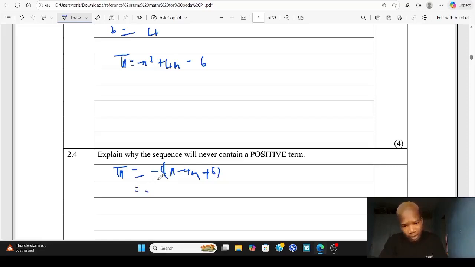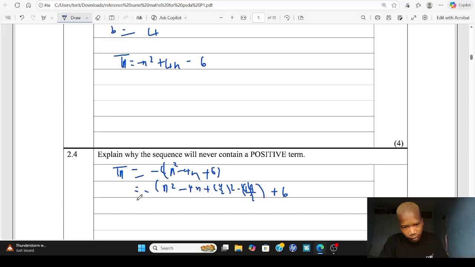So it's minus n squared minus 4n plus (4 over 2) squared minus (4 over 2) squared plus 6, right?